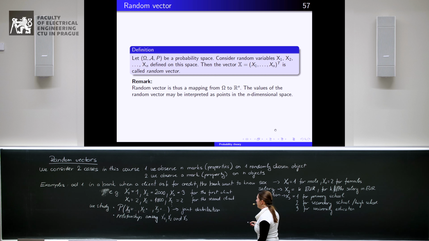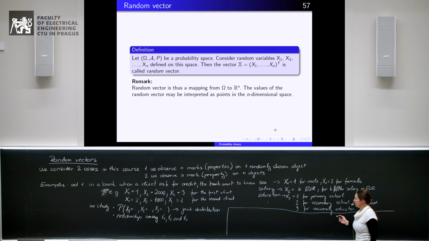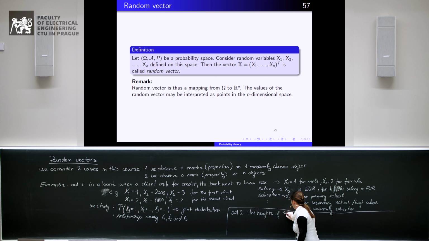In the second case, just briefly, we can be interested in the heights of 30 children in the first class of a primary school.